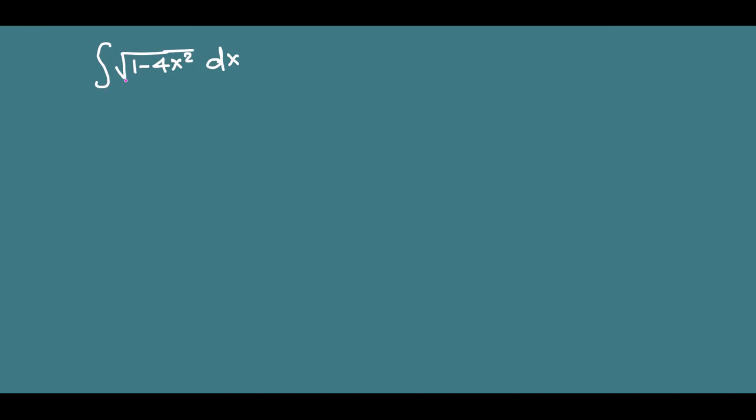This integral has the root of 1 minus 4x squared, which is in the form of some quantity squared minus some function of x squared. I mean it has the form of root a squared minus u squared, where in this question a is 1 because 1 squared is 1, and u is 4x squared, which is 2x quantity squared.